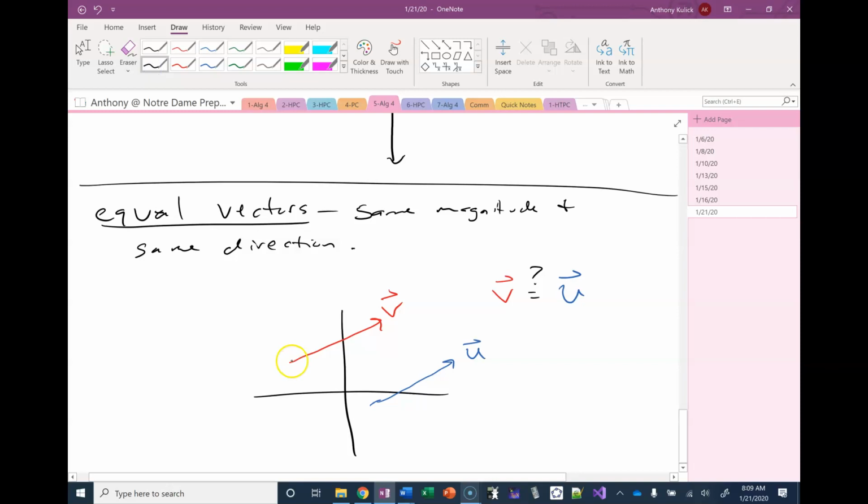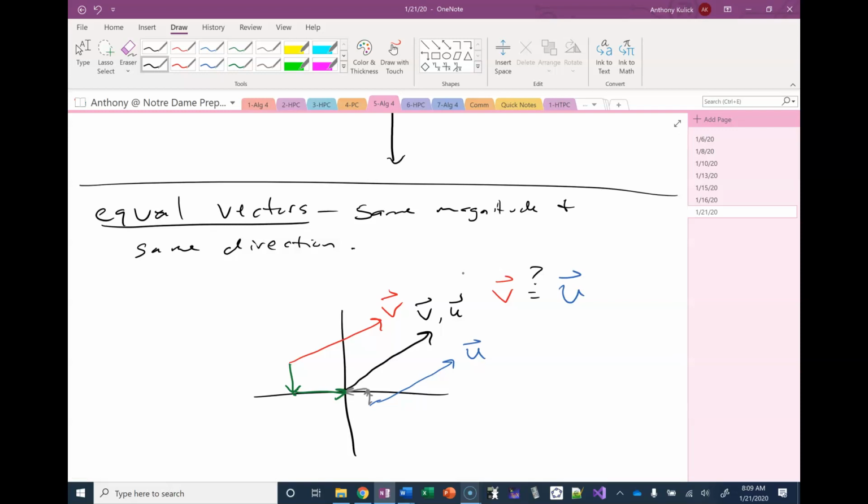Because if I translate this one down and over, and I translate this one up and over, if they're the same, they'd be in the exact same spot. They'd have the identical component form.